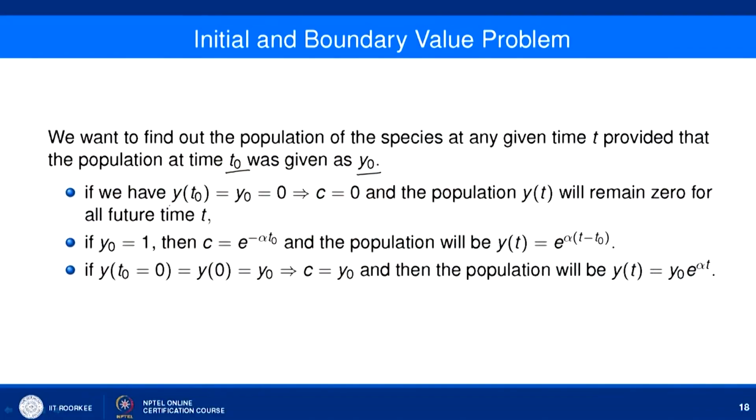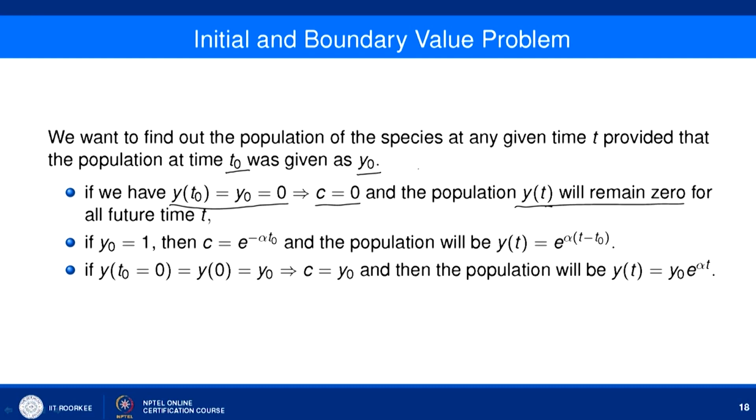So, let us look at the possibility that the initial population is given as 0. It means that at time t naught, y of t naught is equal to y 0, and it is given that y 0 equal to 0. Then this implies that c equal to 0, and this gives that the population y t at any time comes out to be 0. How is it?